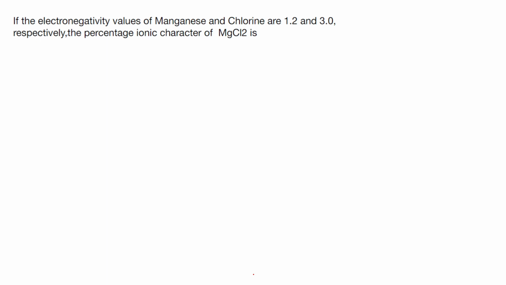You can use the earlier formula, otherwise you can use the other formula he told earlier. The percentage of ionic character will be 1 minus e to the power minus delta E square divided by 4, into 100, as a percentage. Again, here you have to find delta E, substitute it in the formula and find how much percentage it is.